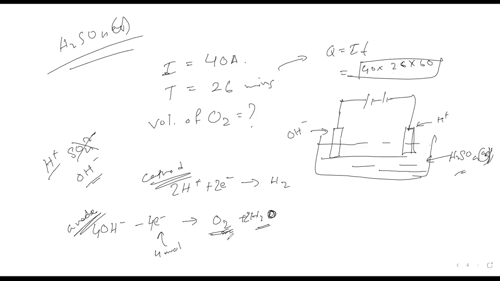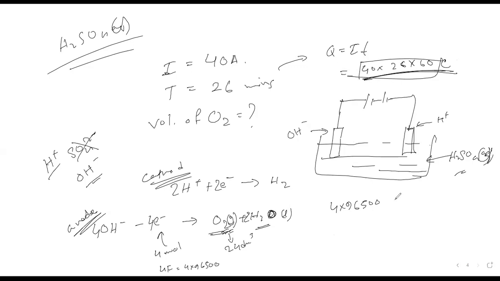Oxygen in this case is a gas and water is liquid. 1 mole of any gas at room temperature is equivalent to 24 dm cube or 24,000 cm cube. And 4 mole of electrons means 4 farad, which means 4 times 96500 coulomb of charge.